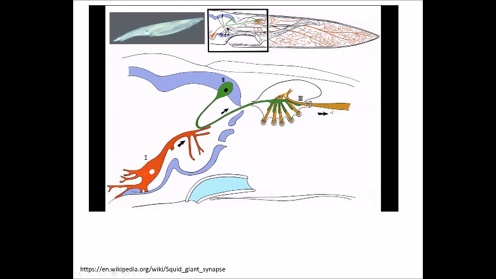And the same here with this brown one. Now the green one's presynaptic and the brown one's postsynaptic in this situation. So electrical flow goes this direction. And what happens is this allows the animal to contract its mantle muscles very quickly, shoot water out so the squid can actually propel very quickly.